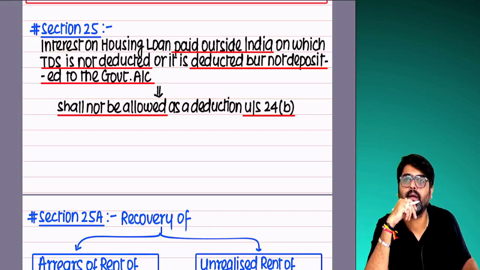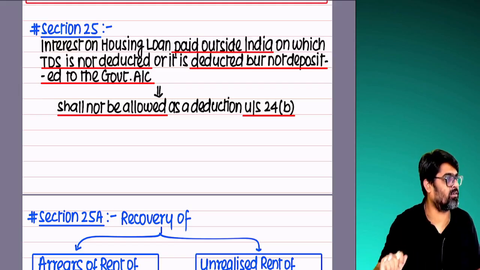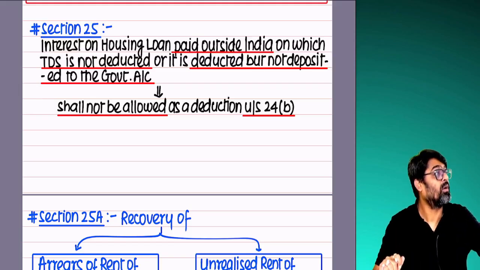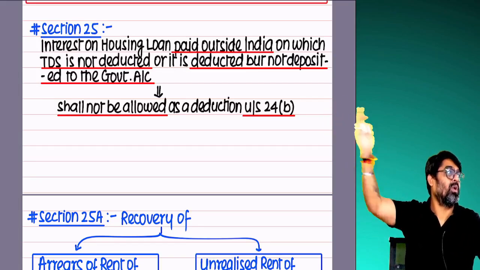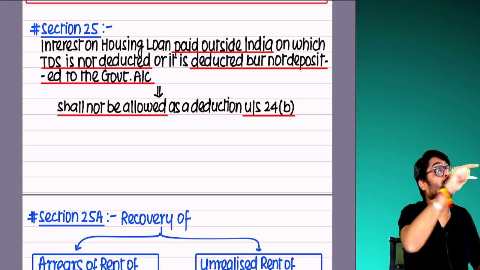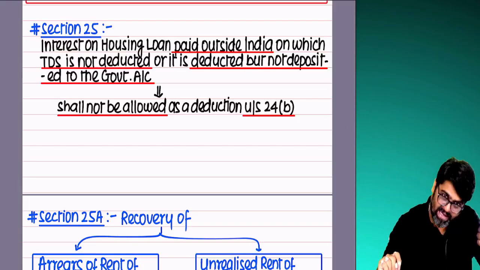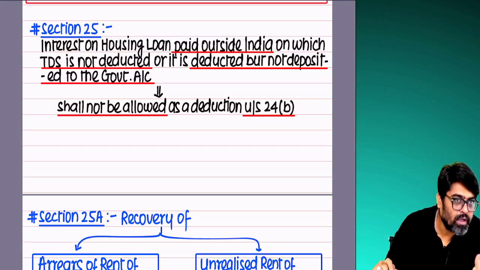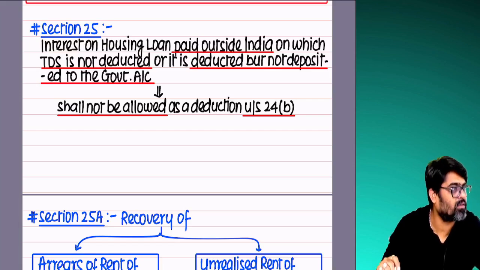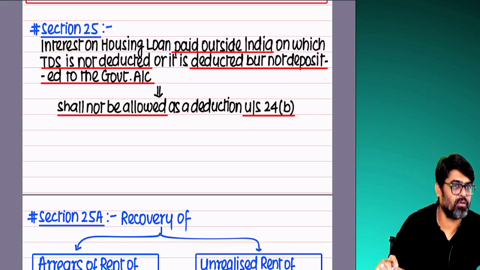This is a requirement under the TDS provisions: if you make certain types of payments, you are the source of the income for someone, so at source only you are supposed to deduct tax, TDS, tax deducted at source.